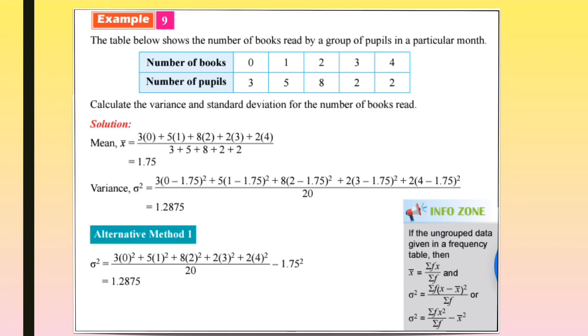Or you can use variance equal to summation of fx square over summation of f, minus the mean square. So that means you have to multiply the frequency, compared to just now. For the data without frequency, you do not need to multiply the frequency by the data. Okay, understand?